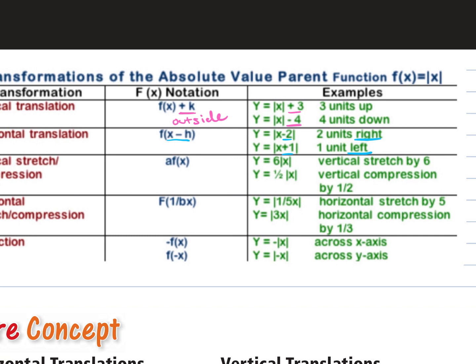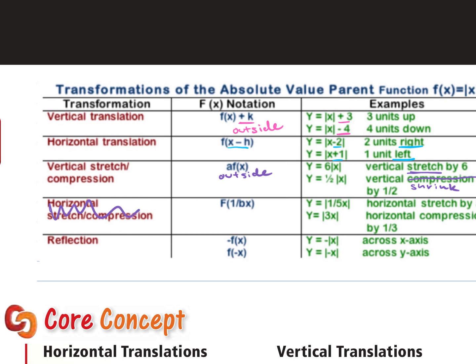If we multiply by a number that's greater than 1, that would be a vertical stretch. If we multiply the outside by a number that's less than 1, this says compression, but they also say shrink too. Compression or shrink. So this is multiplying the outside. We're not going to talk about horizontal stretches or shrinks.